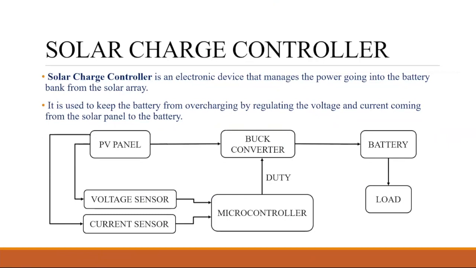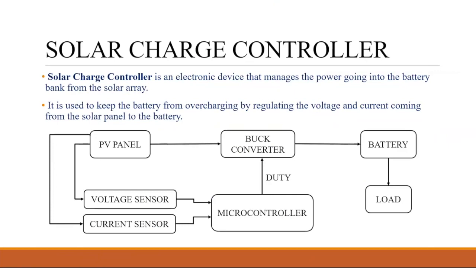Okay. So you see, this is a panel. What we are doing is that we have sensors, a voltage sensor and a current sensor. We are sensing the voltage and the current of the panel and giving it to the microcontroller. Any microcontroller will do. What that microcontroller is doing is generating a duty signal.